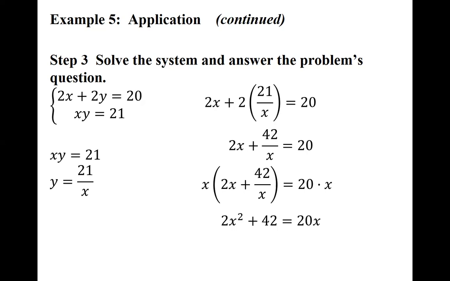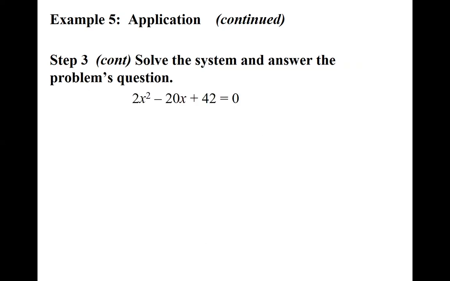And then 20 times x is 20x. Let's get everything on one side, 0 on the other. So subtract 20x from both sides. We notice we can factor a 2 out of the left. And then we can further factor x squared minus 10x plus 21 to be x minus 3 times x minus 7.